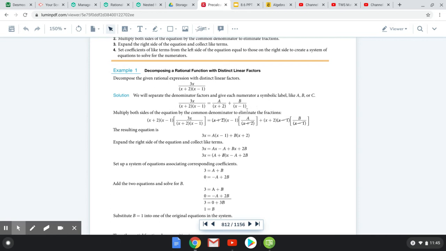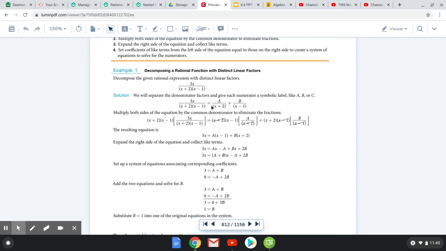So each fraction has one of the factors as a denominator. That's assuming that none of these factors are repeated. I will talk about what happens when you have a squared here or something in a later example.